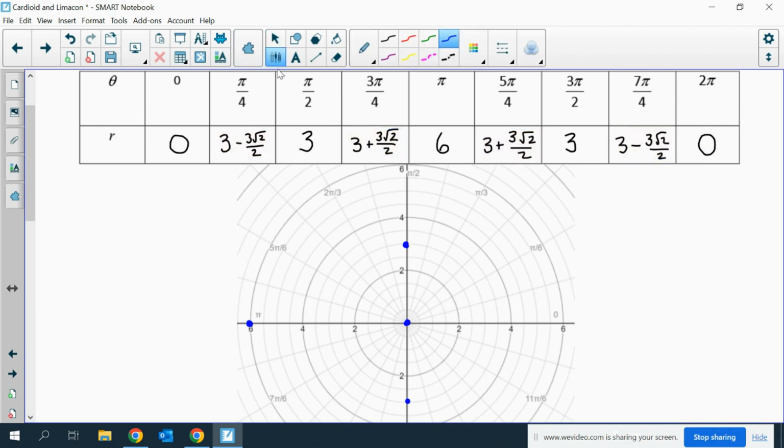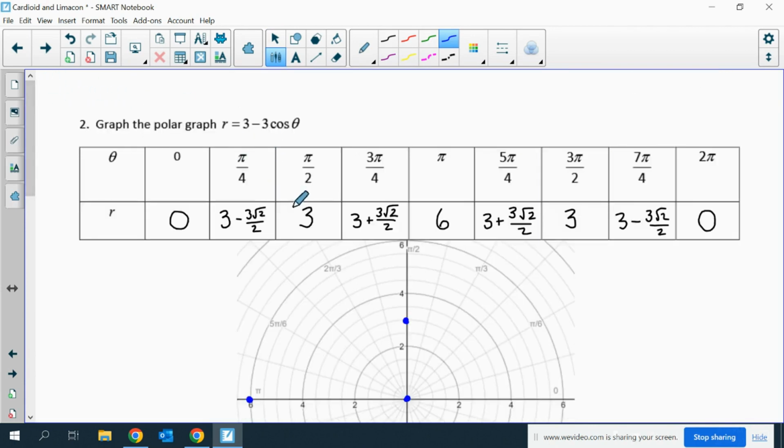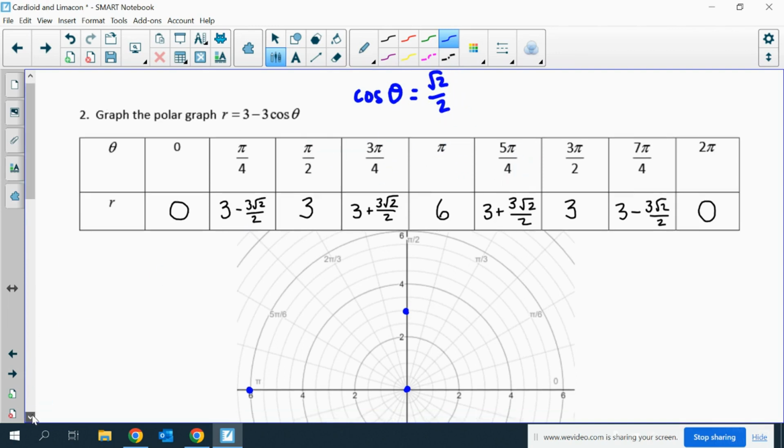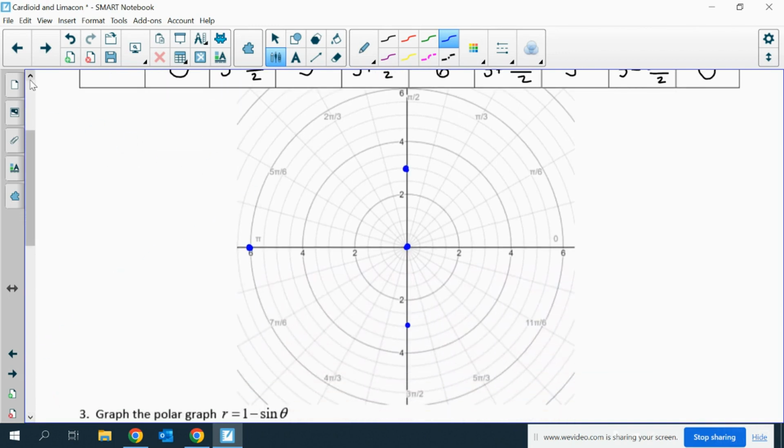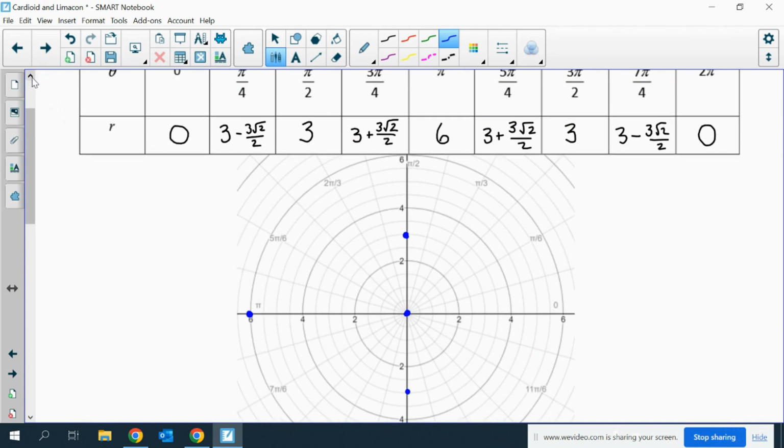Then I could look at these where I plug in pi fourths, and in the interest of saving time, I'm not going to go through how they all work, but suffice it to say, cosine of theta, when theta is pi over 4, is root 2 over 2, or negative root 2 over 2 at 3 pi fourths, 5 pi fourths. And so that'll be something that I'm just going to assume the rest of the video in the interest of time.